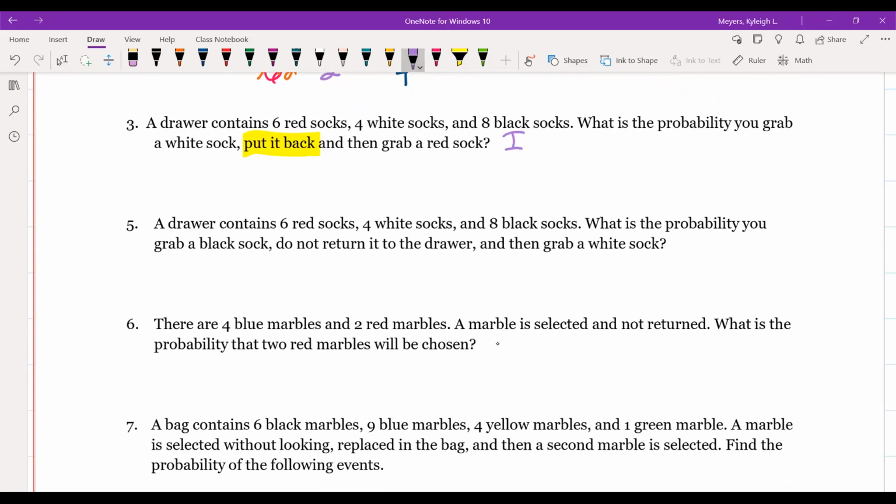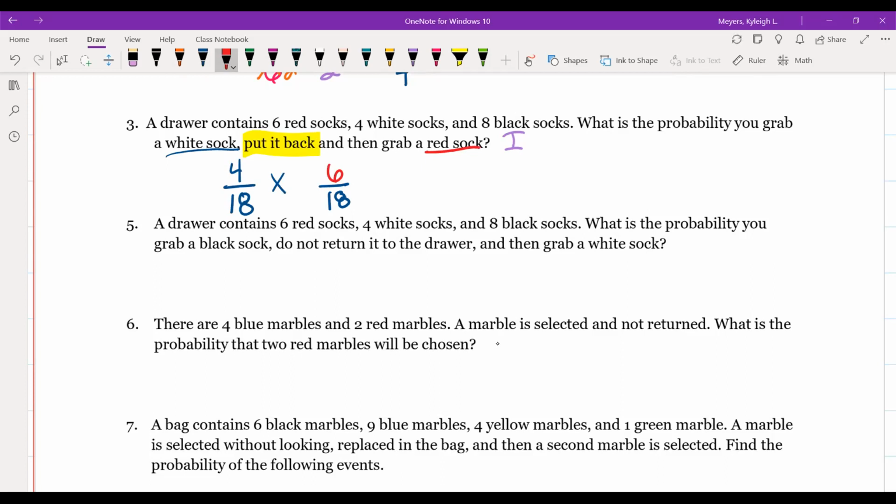So how many socks are there altogether? There's 6 red, 4 white, and 8 black. So that's 18 total. So what's the probability I'll grab a white sock? Well, there's 4 out of 18. And then a red sock is 6 out of 18.